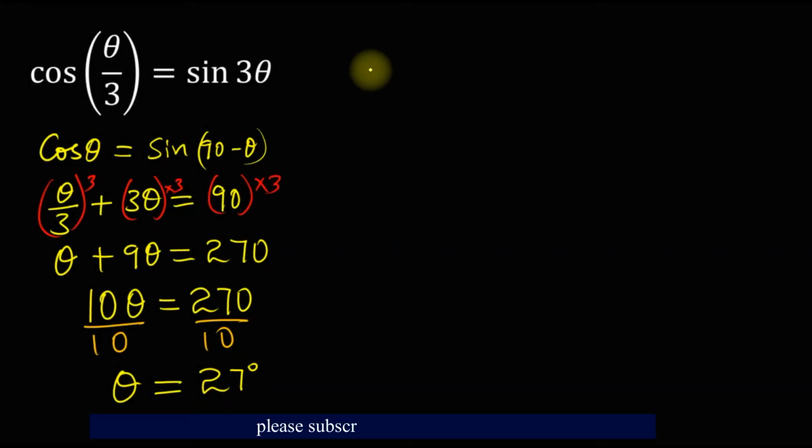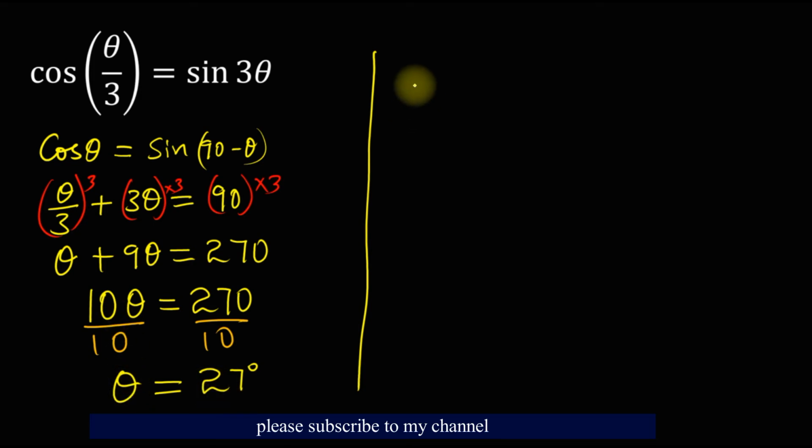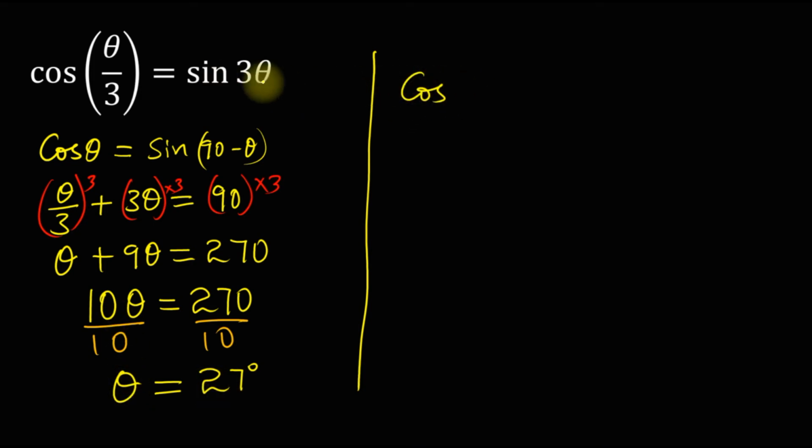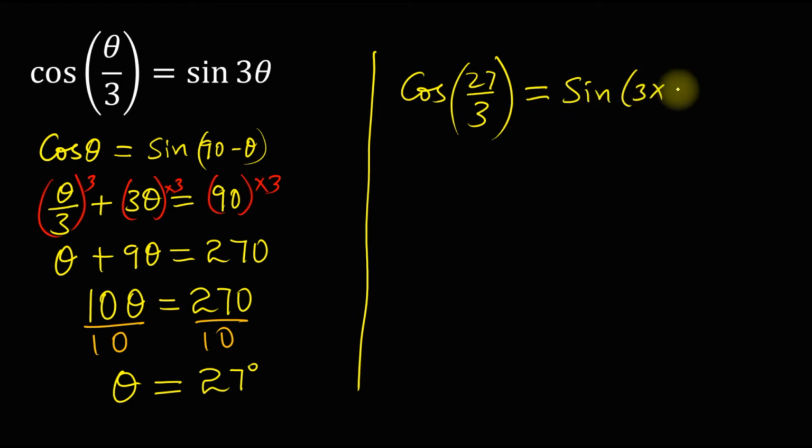So if you try to prove whether it is true, you can check that cosine of theta, which is 27 over 3, must be equal to sine of 3 times 27.